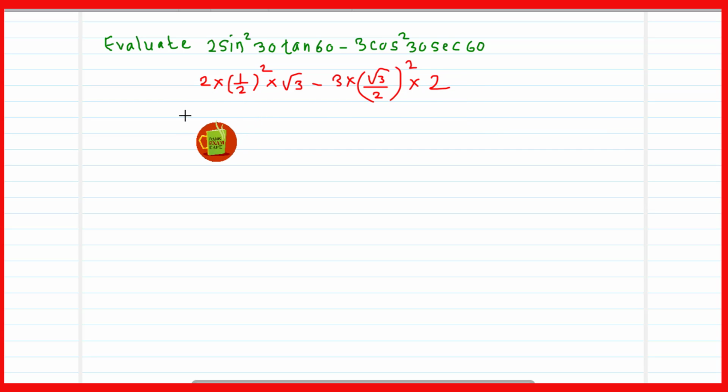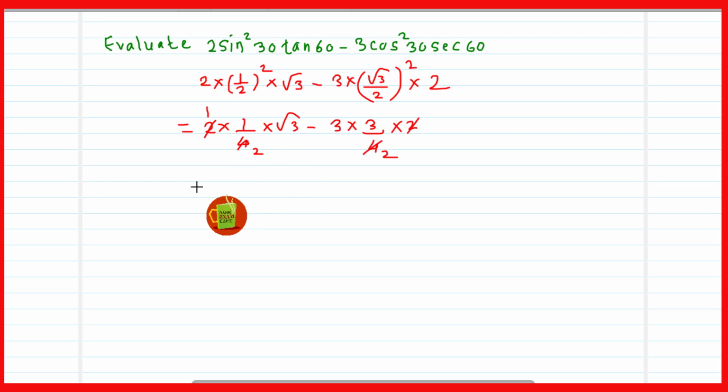And so solving this, it is equal to 2 multiplied by half square, that will be 1 by 4, into root 3, minus 3 into root 3 upon 2 square will be 4, into 2. So 2 1s are 2, 2 2s are 4. Here also 2 1s are 2, 2 2s are 4. So which is equal to root 3 upon 2.